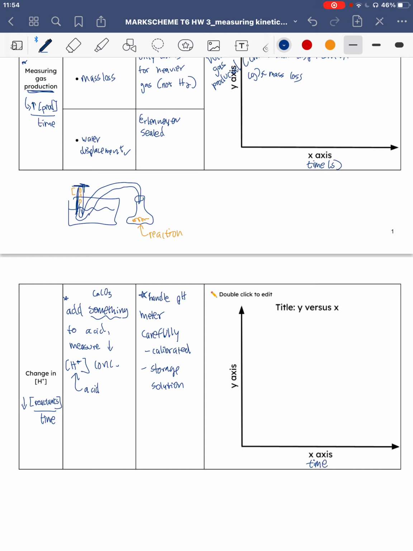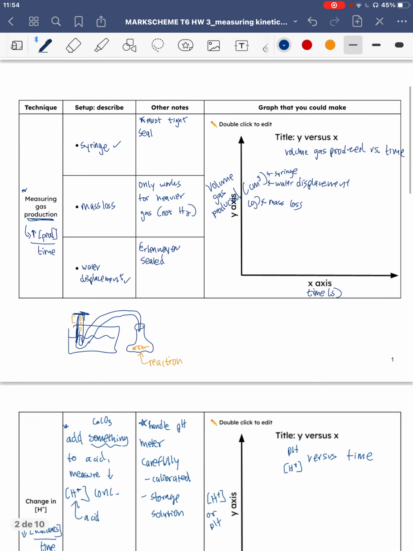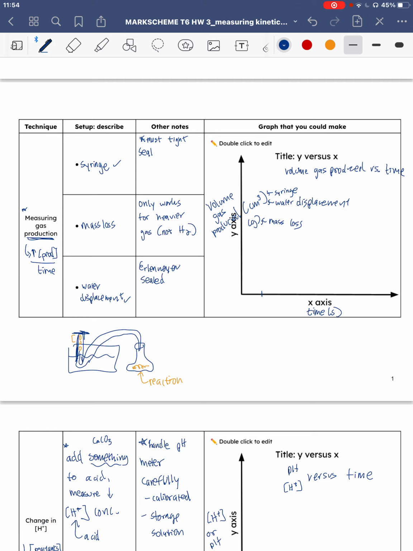This again, time in seconds. Y-axis would be either H plus concentration or pH, and pH or H plus concentration versus time would be your graph.